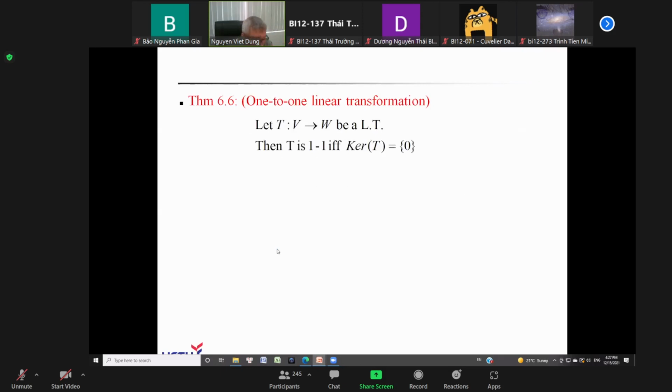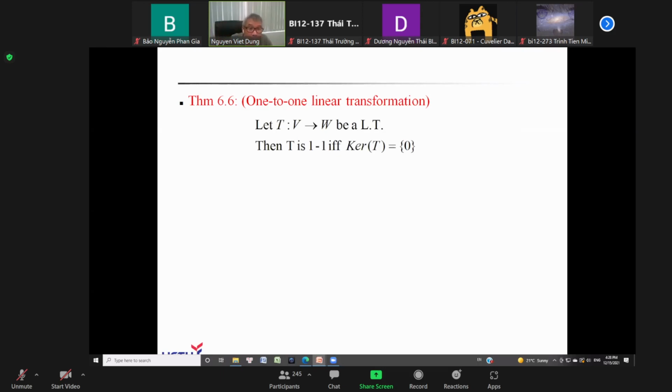So one-to-one and onto is a very interesting property of the mapping. However, we need to know how we can verify a map to be one-to-one and to be onto.